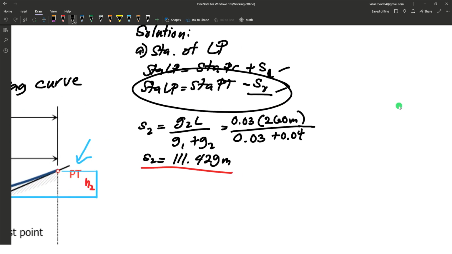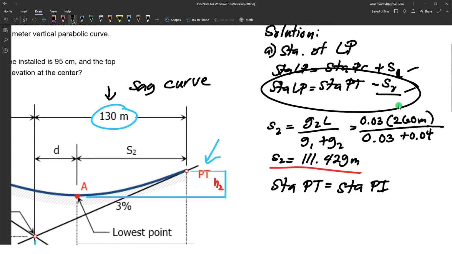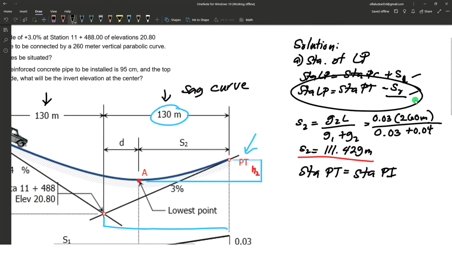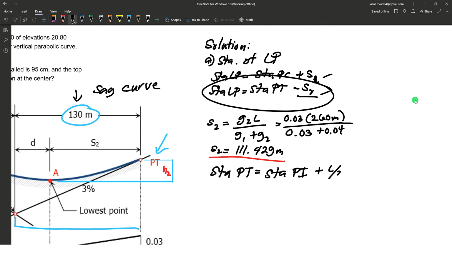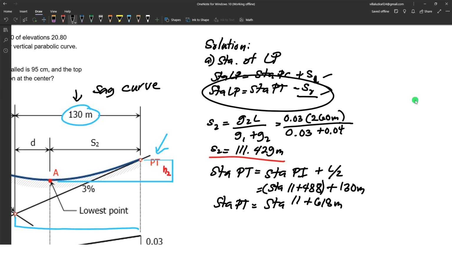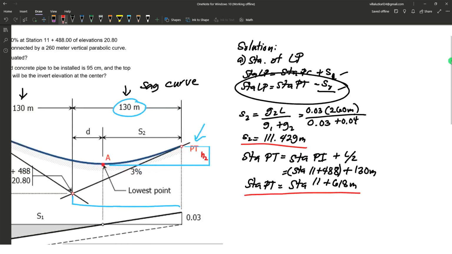So the stationing of PT is station 11 plus 618 meters.